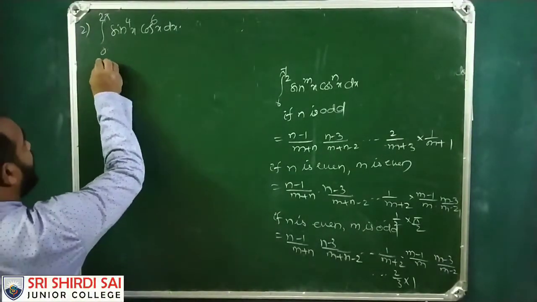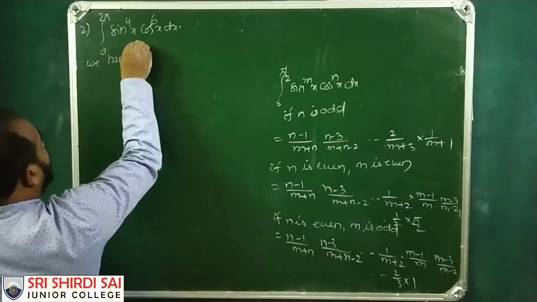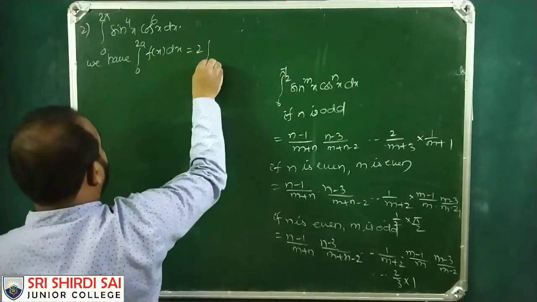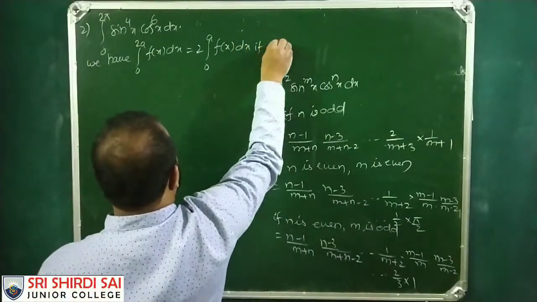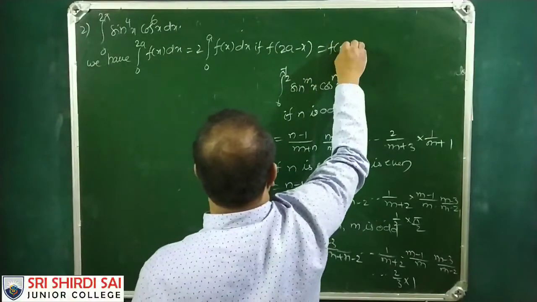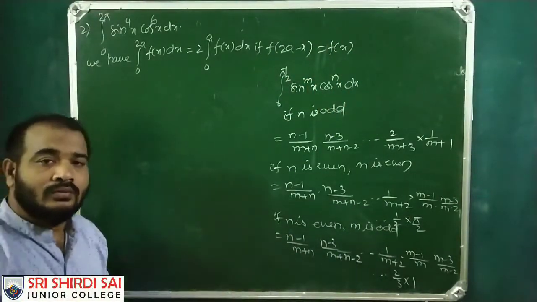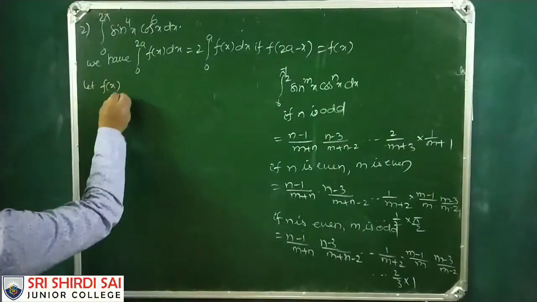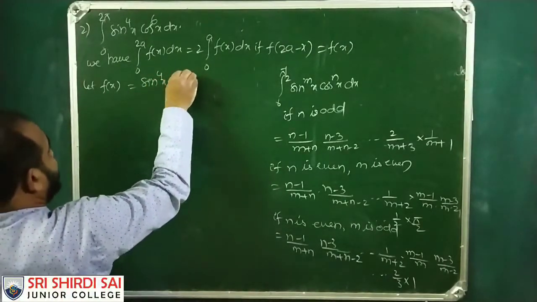Let we have integral 0 to 2a f of x dx equals to 2 integral 0 to a f of x dx if f of 2a minus x equals to f of x, and 0 if f of 2a minus x equals to minus f of x. So let f of x is equals to sin power 4x into cos power 6x.